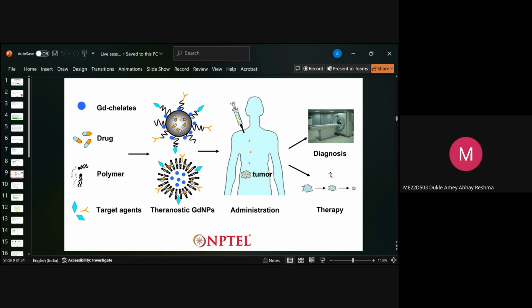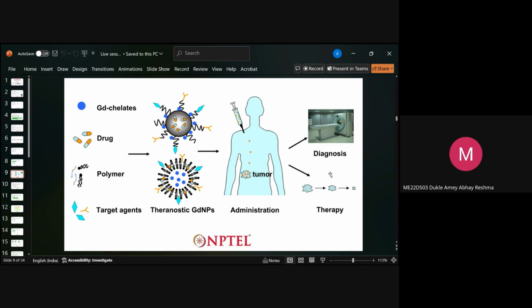It can penetrate towards the tumor, or you can also use it for diagnostics. So this is how the process looks like. Theranostics is a word that combines therapeutics plus diagnostics. So that is called theranostics.